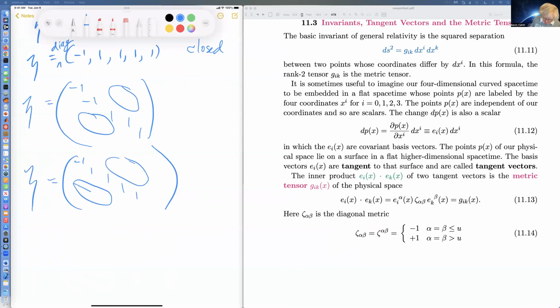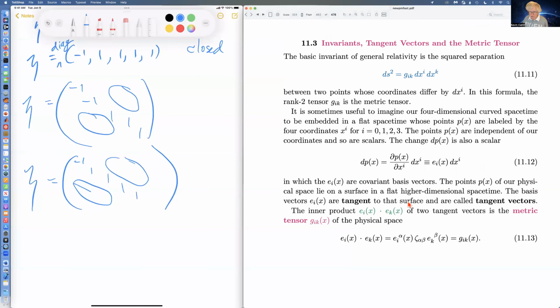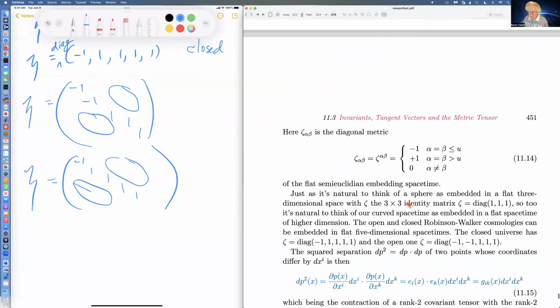So I've changed the LaTeX file, and unfortunately it's such a long file, it takes a while for TeX to recompile it. So 0 when alpha is not equal to beta.